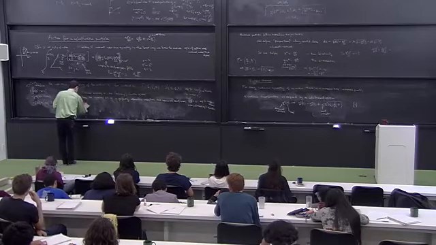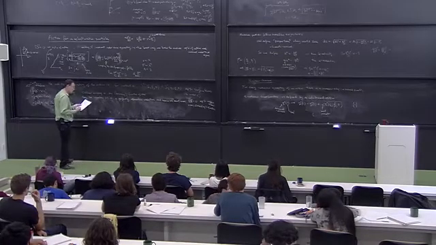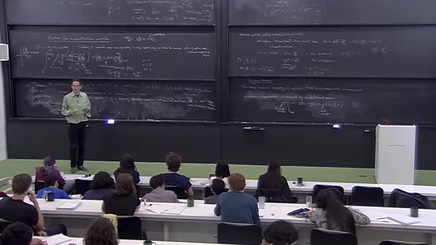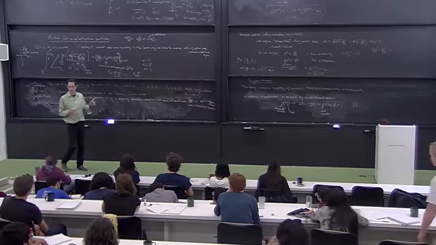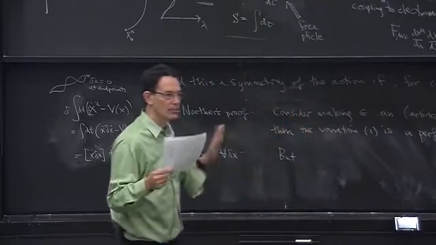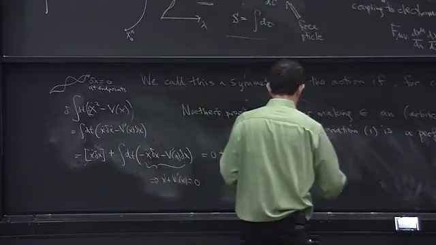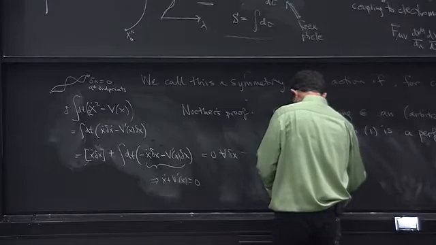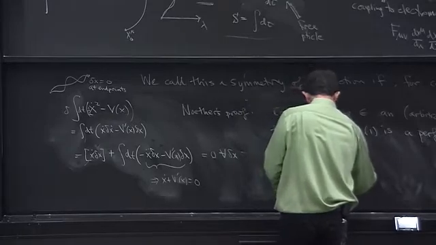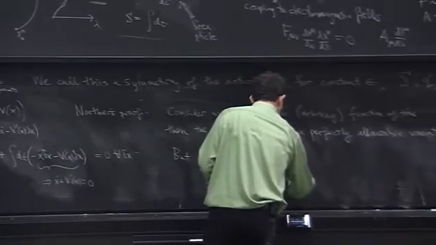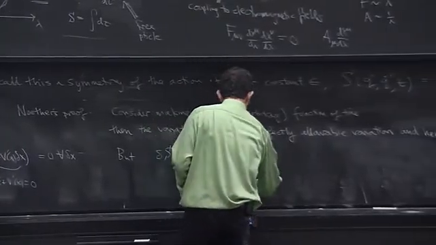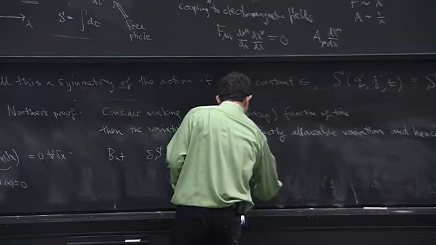Now you just think, what could I possibly get for an answer, given that this was a symmetry of the action? What is the only possible answer I could get? The answer must be in the following form: integral dt epsilon dot times some function of q dot and t.